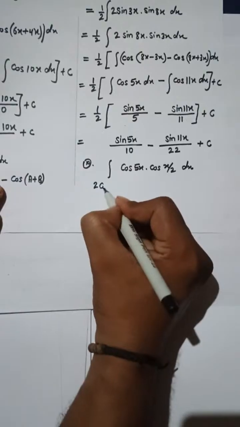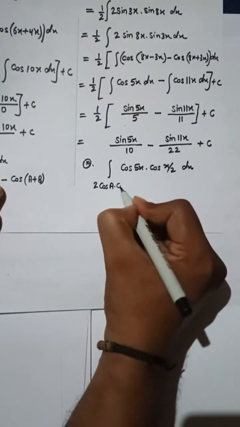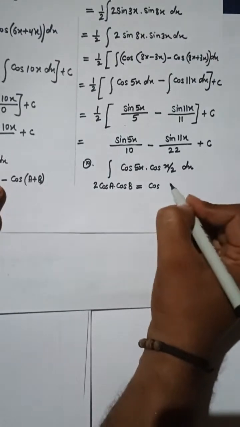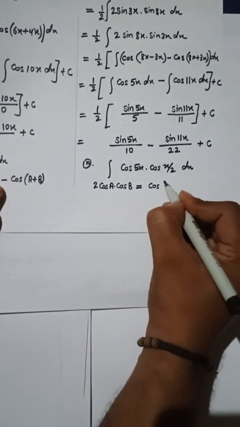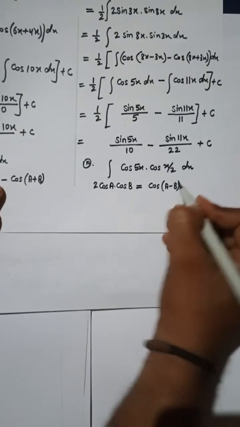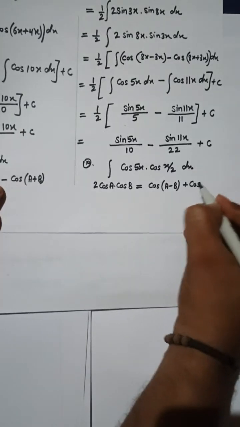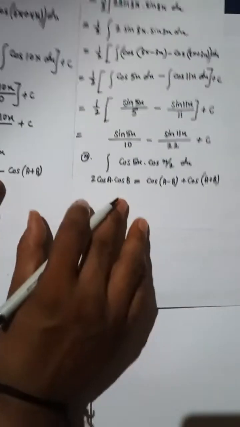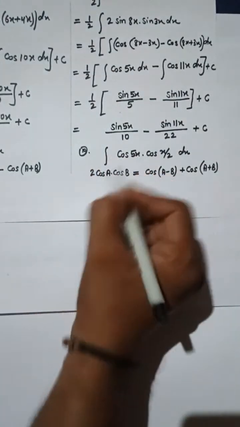So I can write 2 cos a into cos b equals cos a minus b plus cos a plus b. So I'm going to use this formula here.